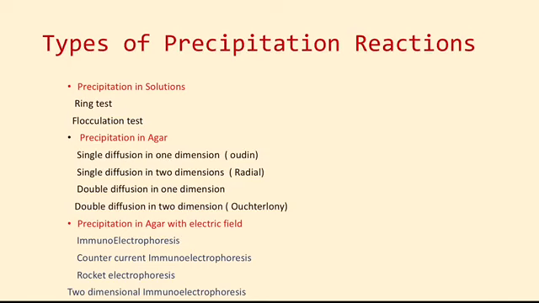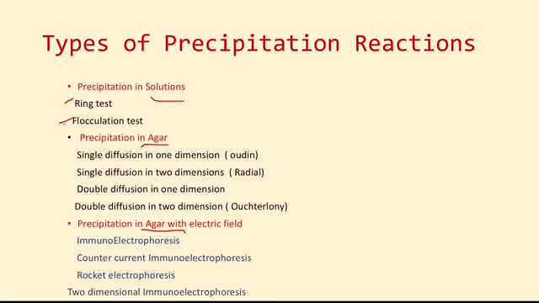Precipitation reactions can be carried out in solutions, in agar gels, and in gels with an electric field. If carried out in solution, examples of such tests are the ring test and flocculation test. The precipitation reactions in gels include 4 types, that is single diffusion in one dimension.